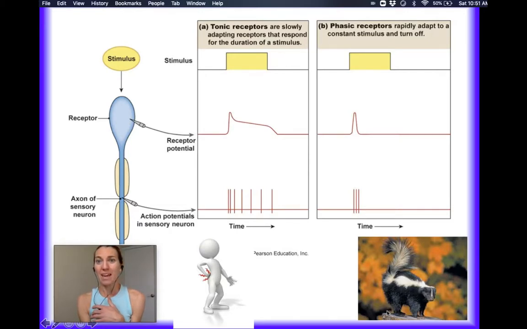So we may initially be very aware of the presence of a skunk in an area, but if we are to continue to stay in that area, then we are going to be less acutely aware of that smell, even though we are still going to be exposed to that stimulus. Another example, many of our touch receptors are also going to be phasic, are quick to adapt.